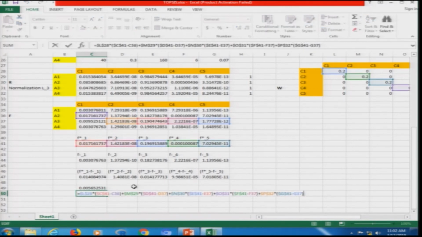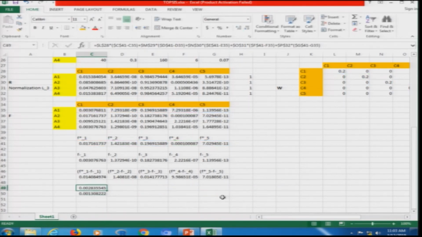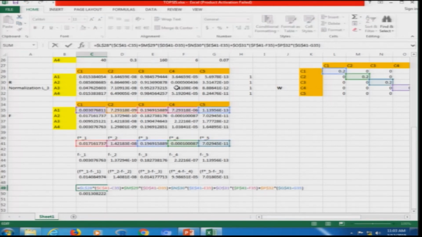So, once I have this, again I go for this, some change, wait. So, it will be C. So, I have these values for each and every one.